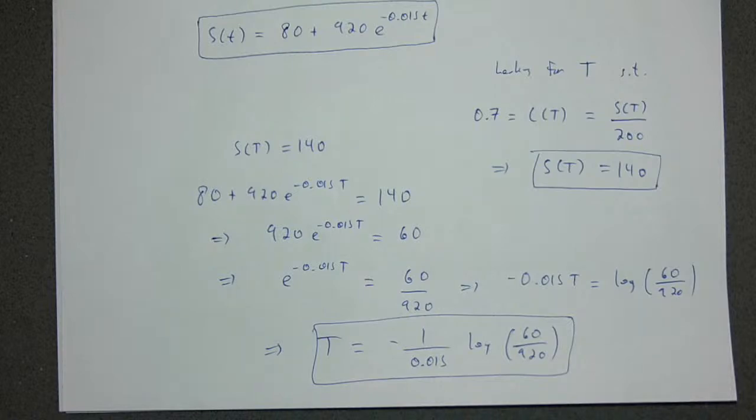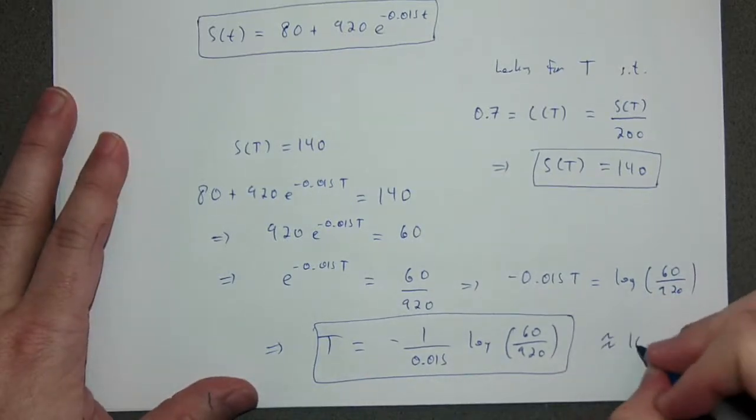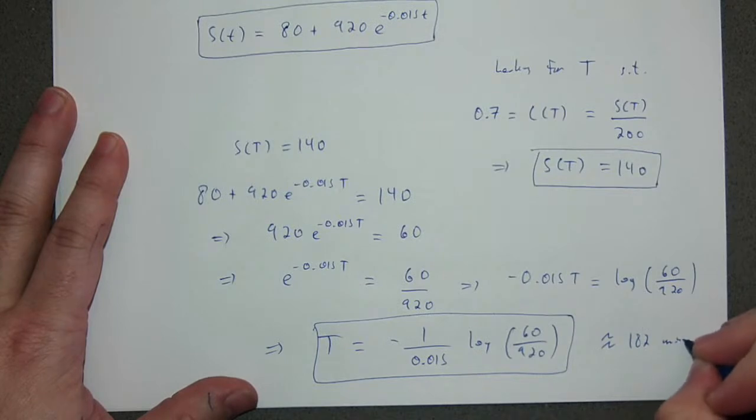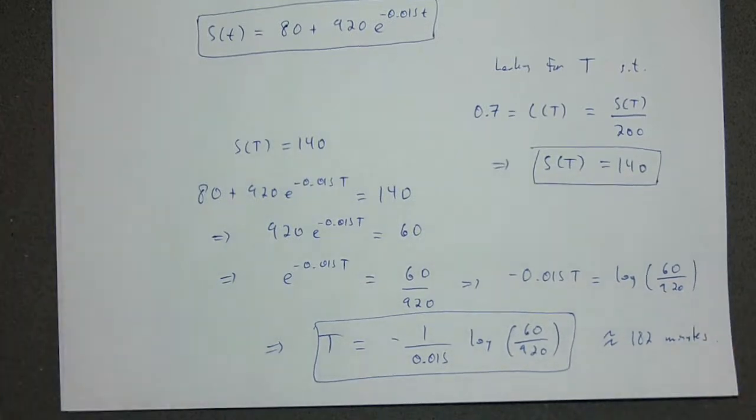So this would be like 2.73 divided by 0.015. What is that? 182 minutes, if I did that correctly. So it'd take a little over 3 hours for this to happen.